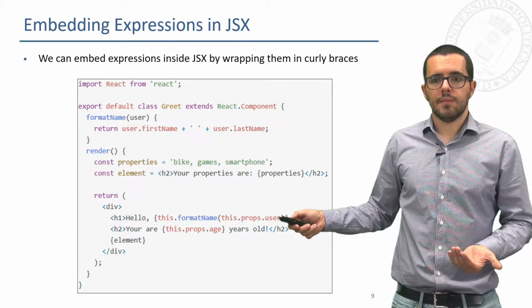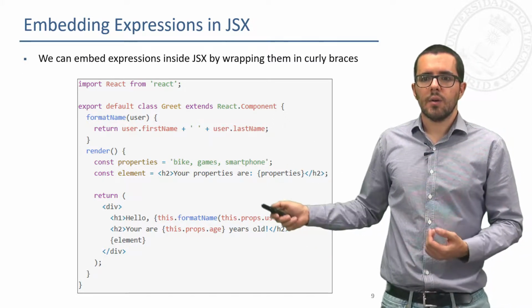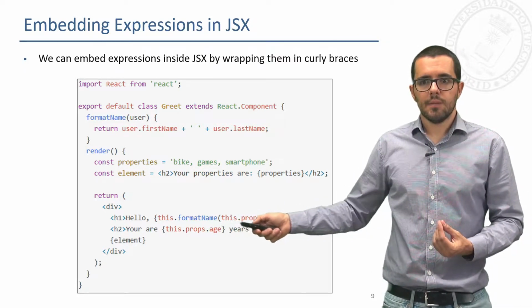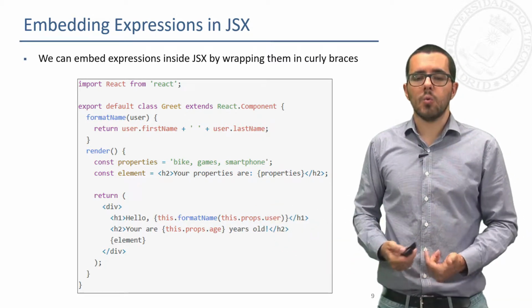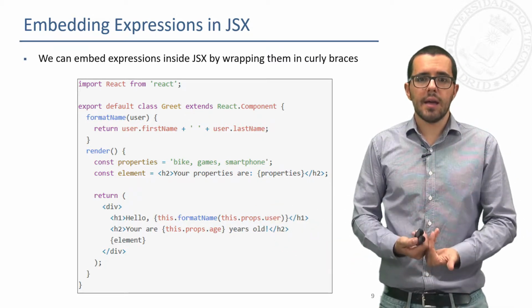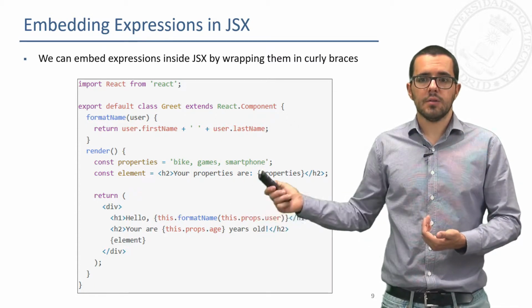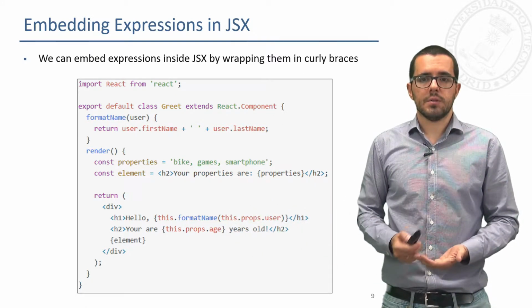Okay, so as this component here that is called greet has two props that are called user and age, how do we render this component? How do we call it? How do we use it? Its API is this one here. It should receive two props.